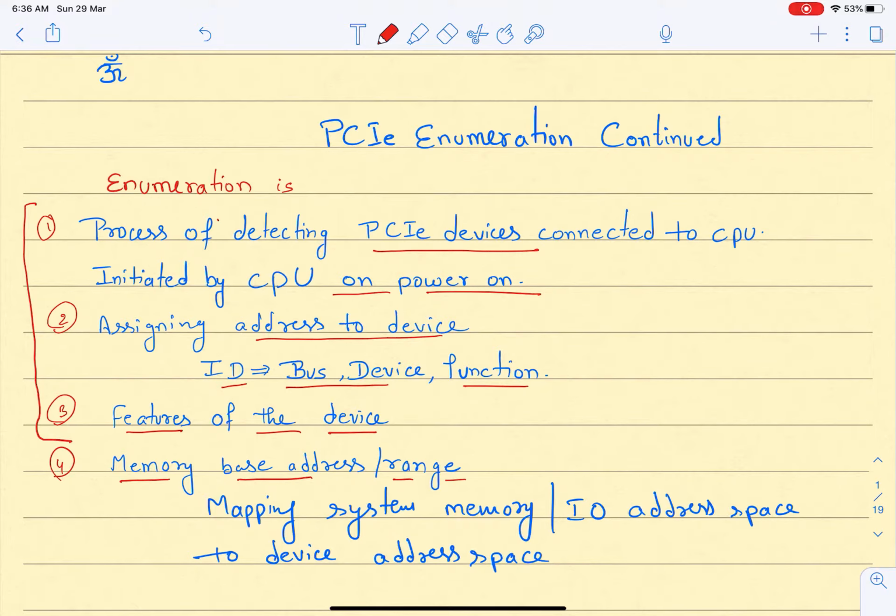In this video we will discuss how memory addresses are mapped to system memory addresses, and how configuration happens in the configuration space of PCI endpoint devices and bridges.